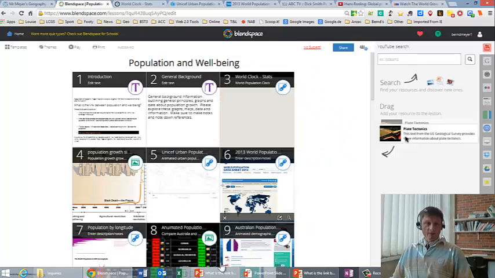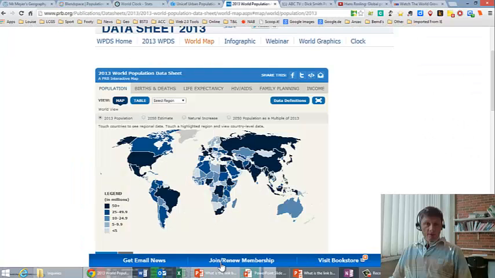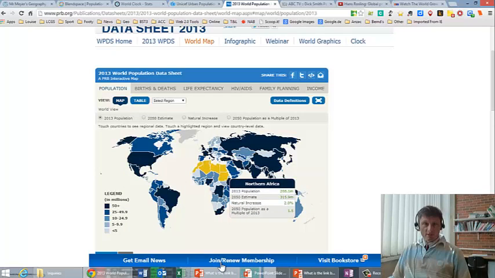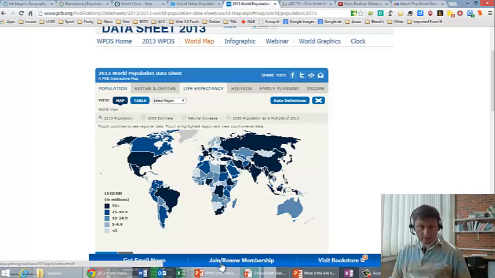Another thing which I thought was useful to you is this world population graph. When you click on that you get this, and it gives you a whole lot of information, as you can see here, about the population and also the rate of population increase. Not only does this organisation look at population, it also looks at other aspects of population control, life expectancy, family planning, births and deaths and so forth.